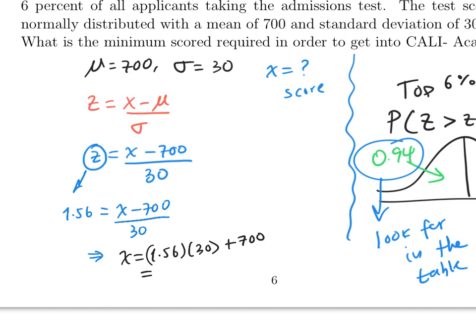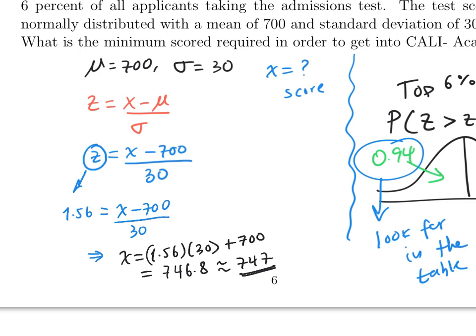How much is that? It's 746.8. So let's say 747, like the airplane. So what's the minimum score you need to get into the academy? You need to get 747 points.